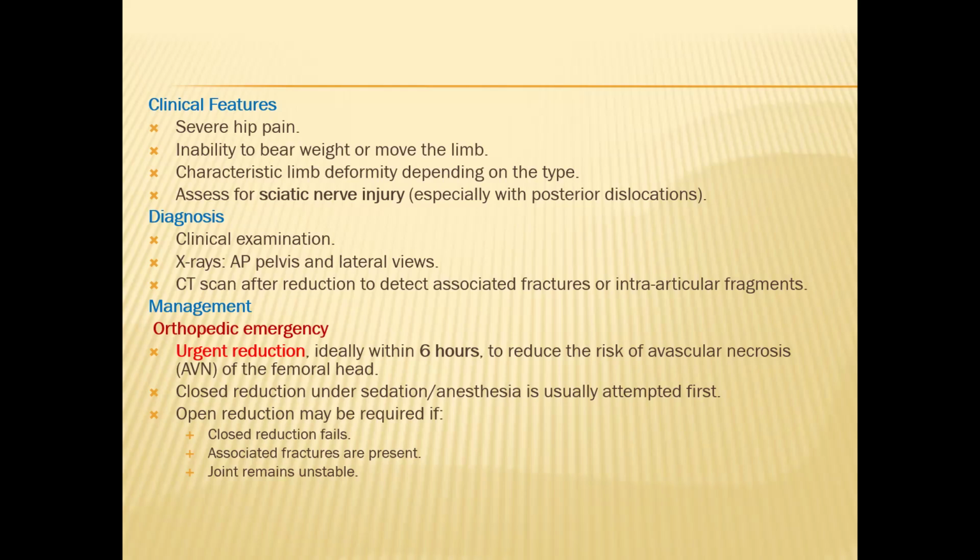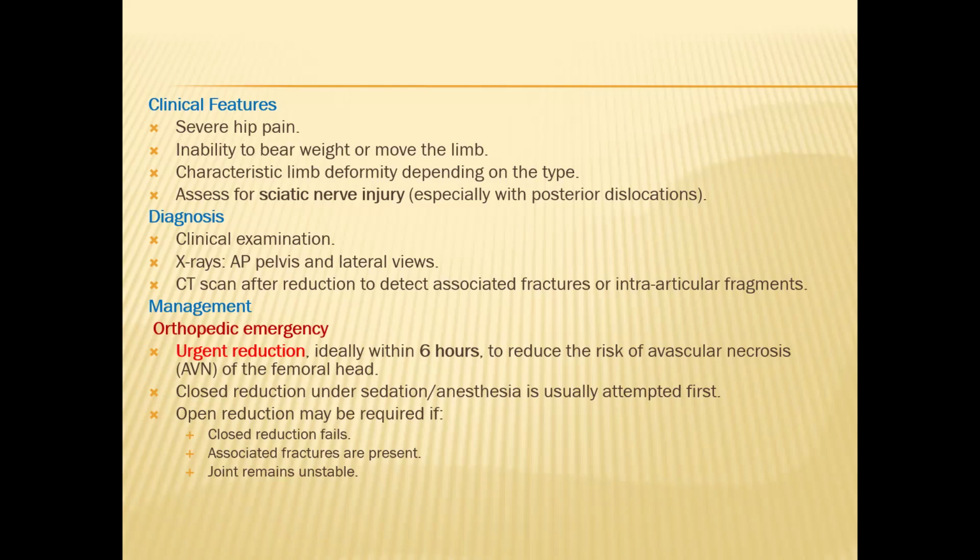So diagnosis of the dislocation can be made clinically or by imaging. Clinically, we can see a clear deformity, because the head of the femur will be out of the socket. So we should do an X-ray, AP view and lateral view.